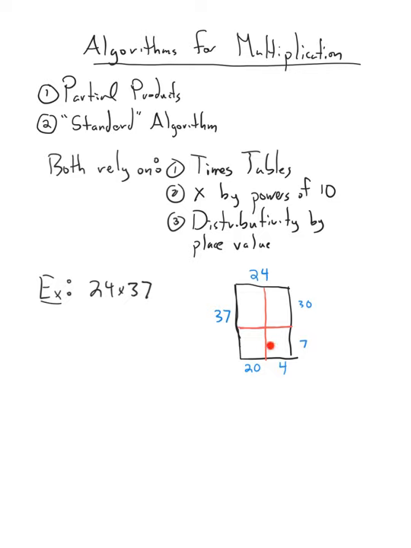So this little block here, the 7 by 4 block, we can easily figure out the area of that. That is 28. This 4 by 30 block, well, we're also using commutativity and associativity, and I'll explain in a second.